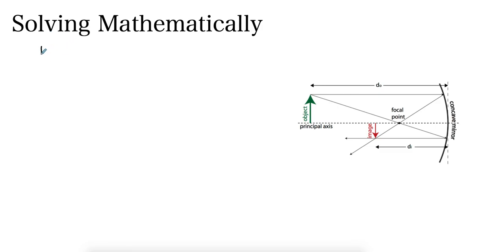The first equation is 1 over f, or 1 over your focal length, is equal to 1 over si plus 1 over so. Si is your distance of the image, and so is the distance of the object.